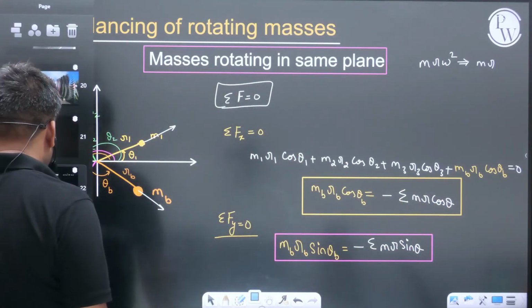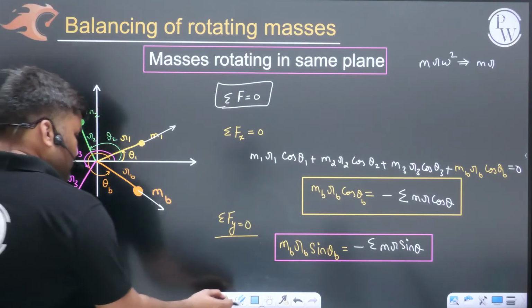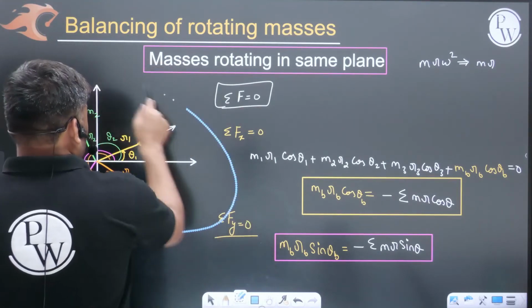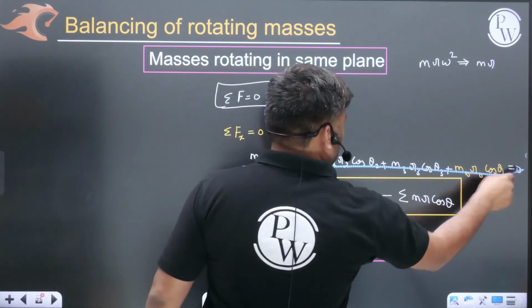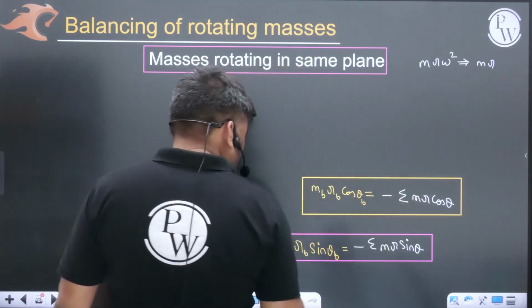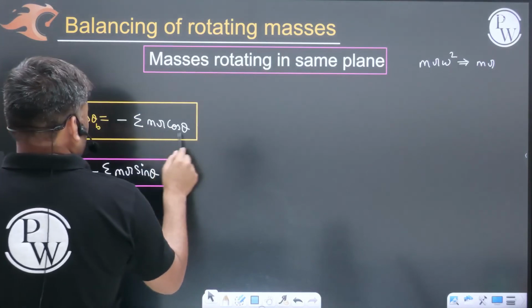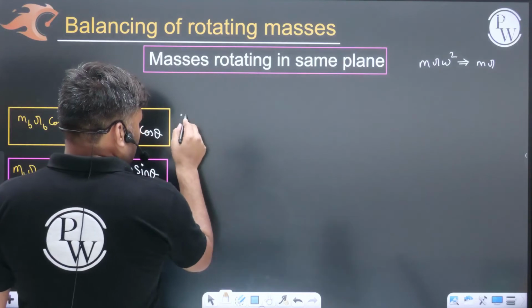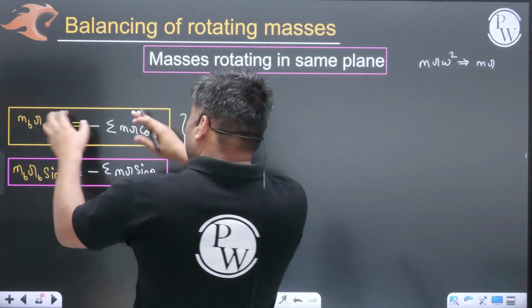Now very easily, with the help of these two equations, can I write, son, square both sides and add.